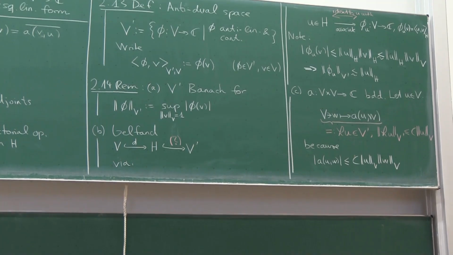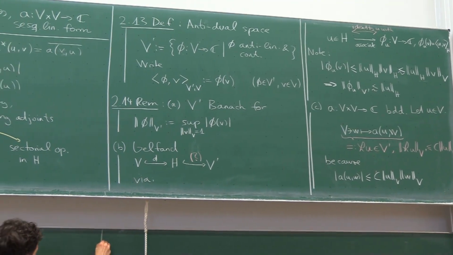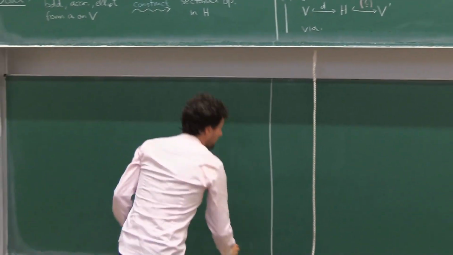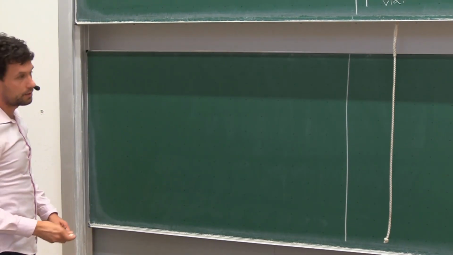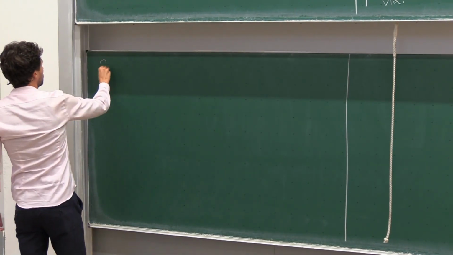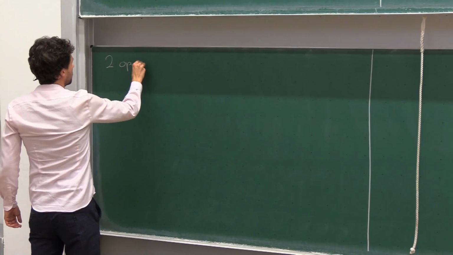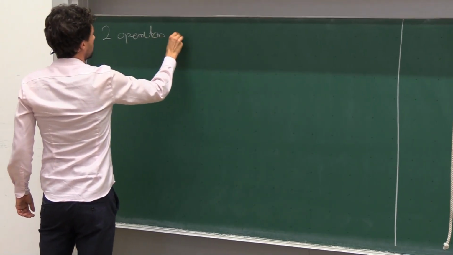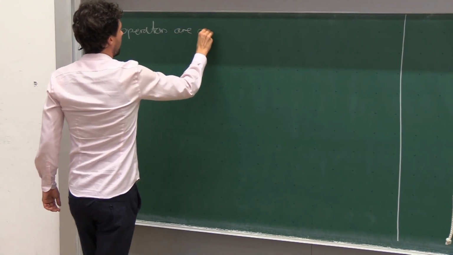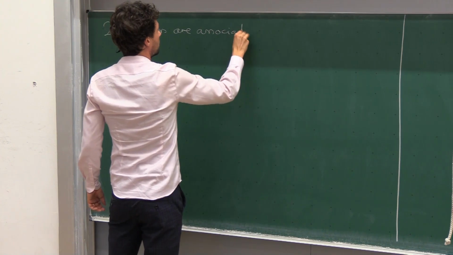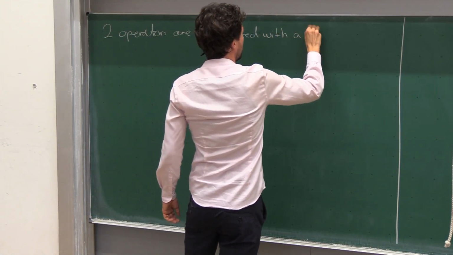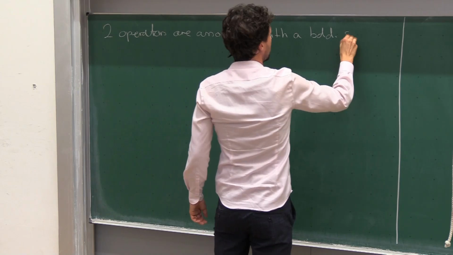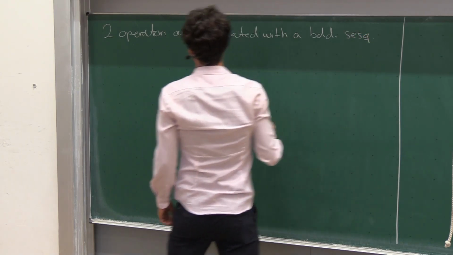So why is this useful for the things I'm trying to do with you? I can use these observations to define now two operators associated with a bounded sesquilinear form.